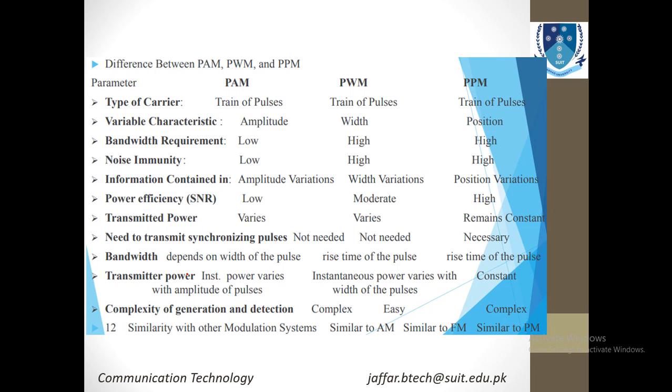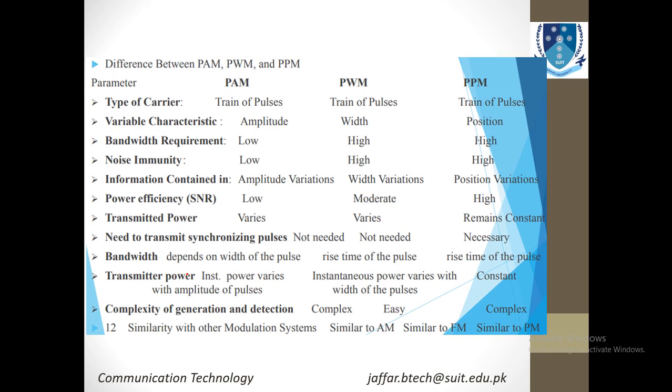So let's conclude our discussion of these topics with a common table, in which they are differentiated with respect to different parameters. All of these were discussed in some way or another in the last few lectures, so just go through it.